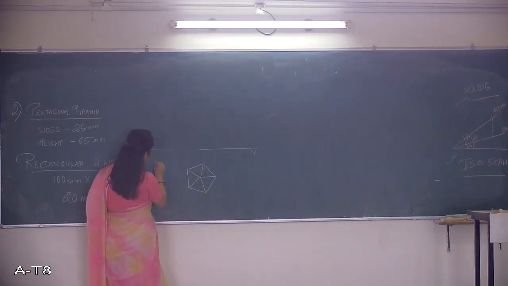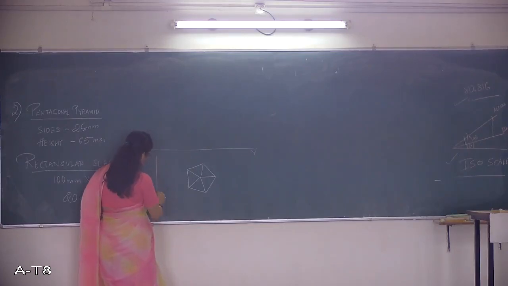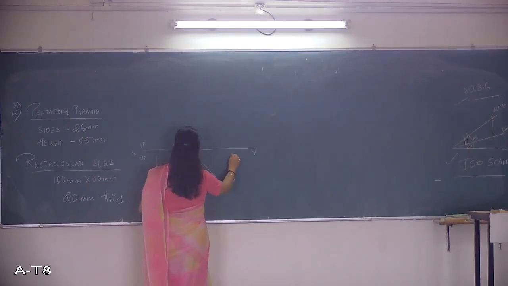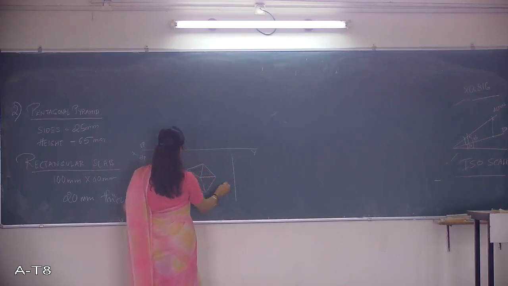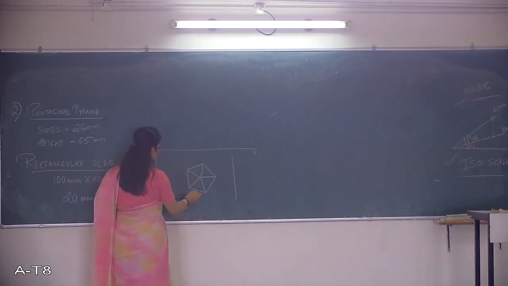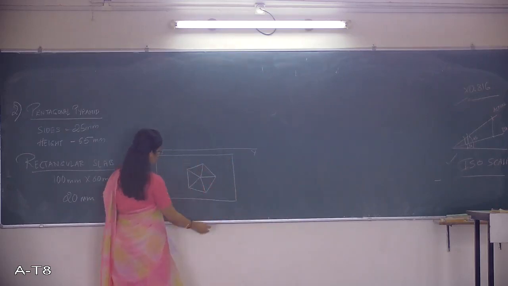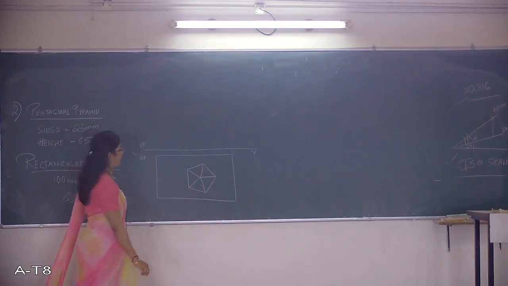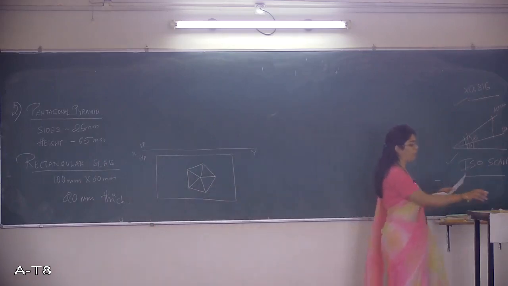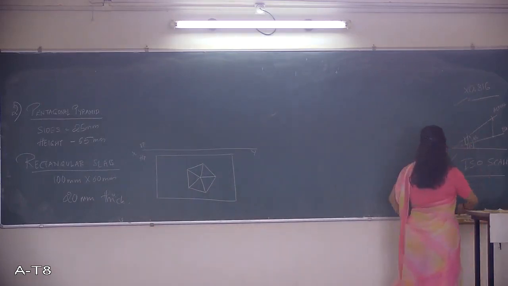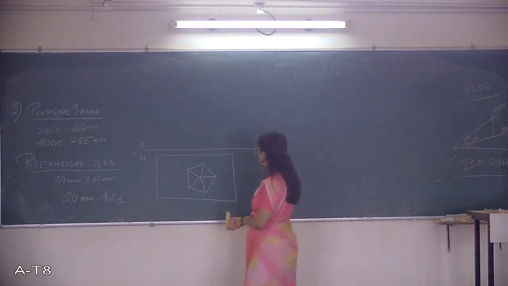You can just mark a line. Likewise, 30 mm above, 30 mm below. From the center, you will get the rectangular slab in its top view.